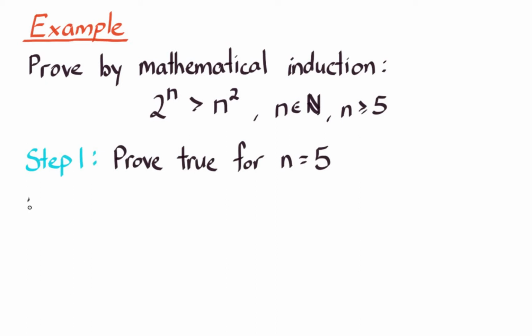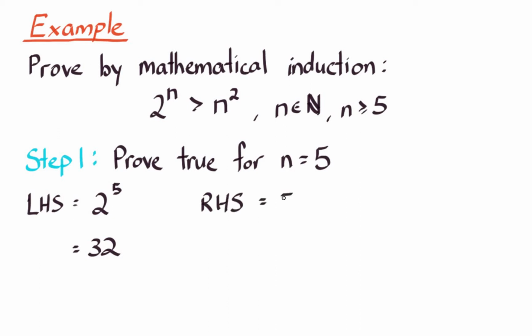Let's start with our left-hand side, which is 2 to the power of n, but we are setting n equal to 5. And 2 to the power of 5, that is 32. What about the right hand side? Well, that's n squared.